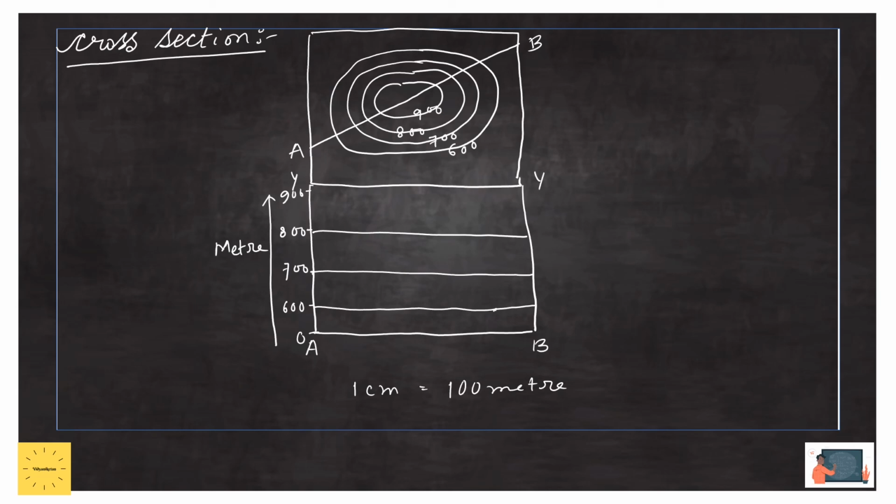After that 700, that is showing this point and this point. After that 800, this point and this point, and finally 900, this point and this point. So now freehand you have to join all these points. It is almost like this, and you are getting a conical hill.